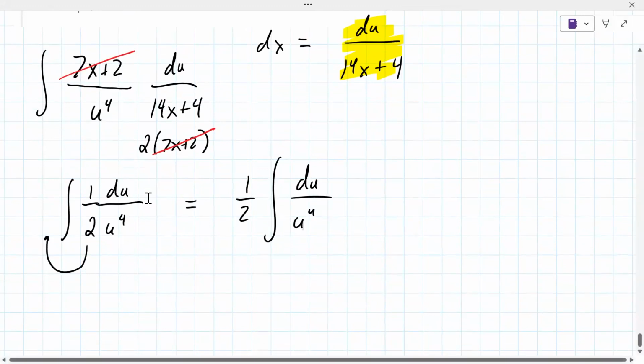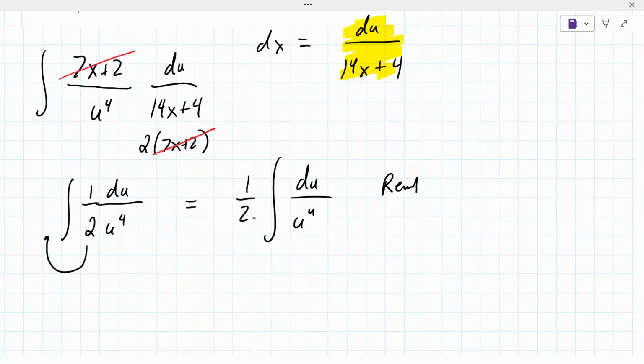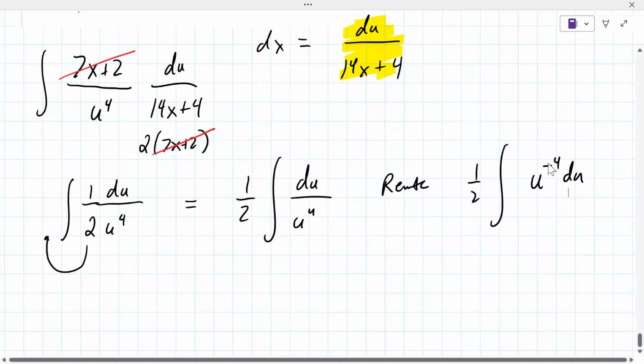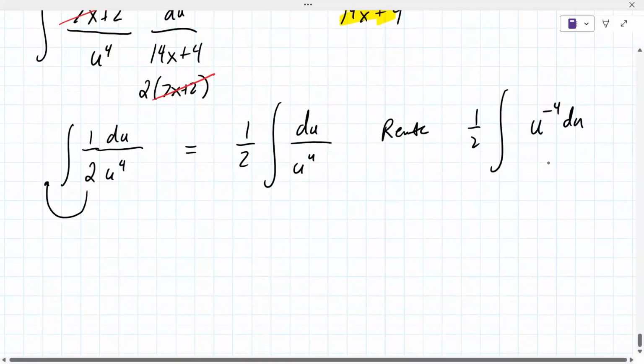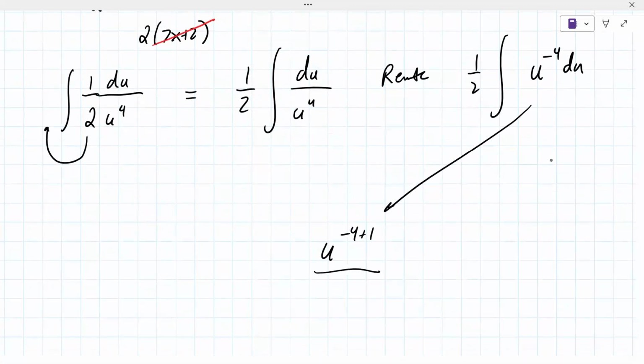And then this is now more like a problem we were doing earlier in the lesson today. This is a rewrite step now. It's 1/2 integral u to the minus 4 du. So your rule for this is you add 1 to the exponent, and then you divide by the new exponent. So it's minus 4 plus 1 over minus 4 plus 1.